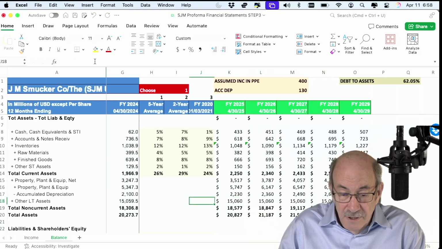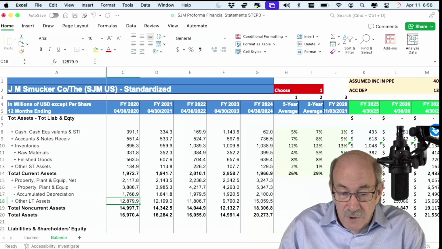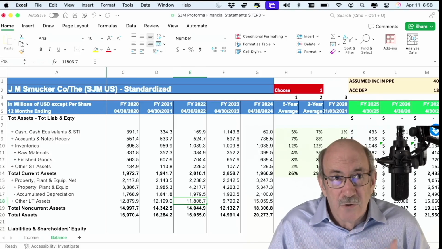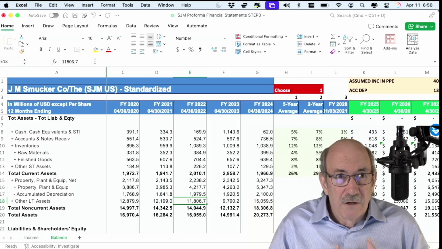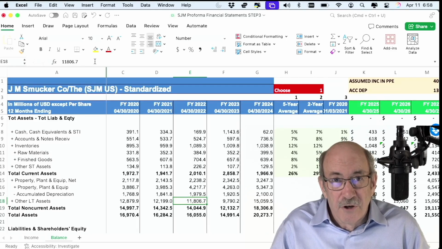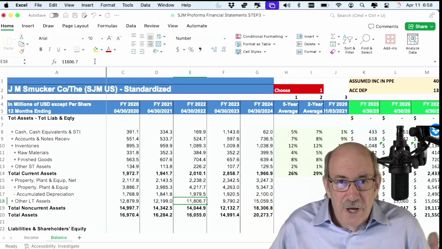I based that decision on looking at what I had historically, and I don't know what those other long-term assets are. Now, if I was doing this for money, if I knew this company well, if it was a company that I followed regularly, I would probably know exactly what's in those other long-term assets. For you all, we're not going to worry about that.